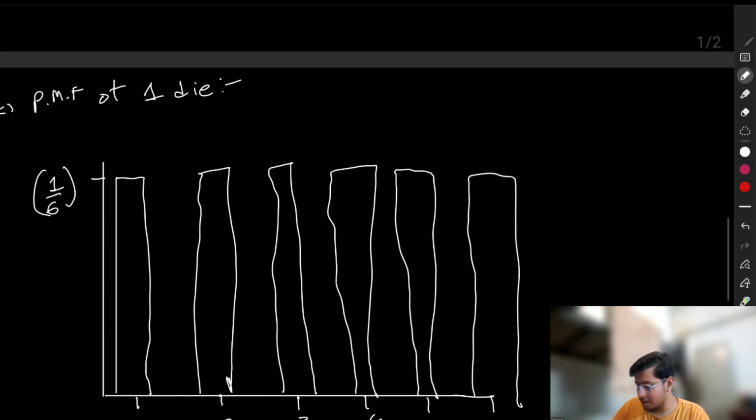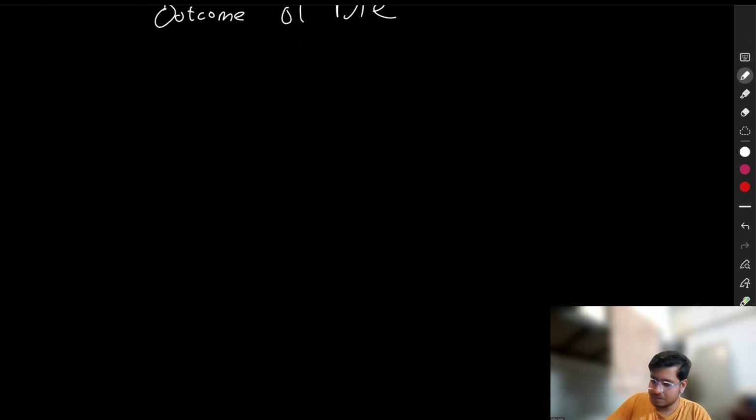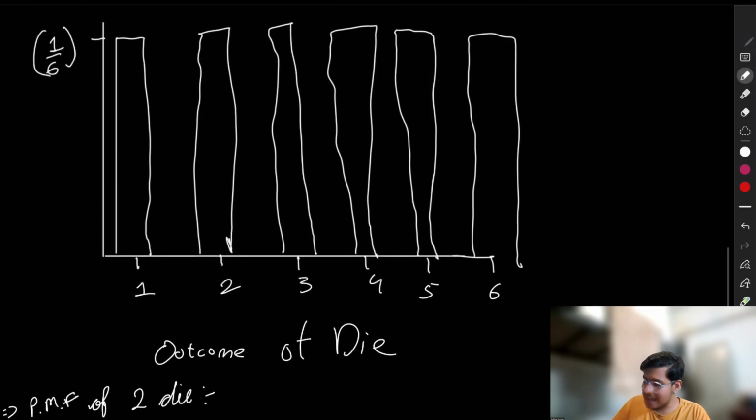This one was very easy, right? Let's draw the graph of the probability mass function, PMF, of rolling two dice. It will not be as simple as this graph. Let me draw it.